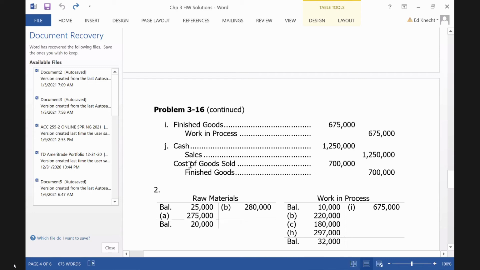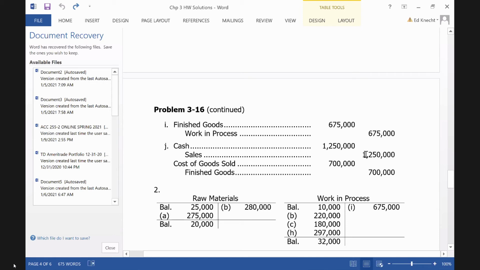In J, they tell us what it costs to sell the goods we sold. Cost of goods sold, $700,000. Well, it's no longer an asset, finished goods. It becomes an expense. It gets expensed in the time period in which it is sold. So the matching principle requires us to match the cost of goods sold with the sales.